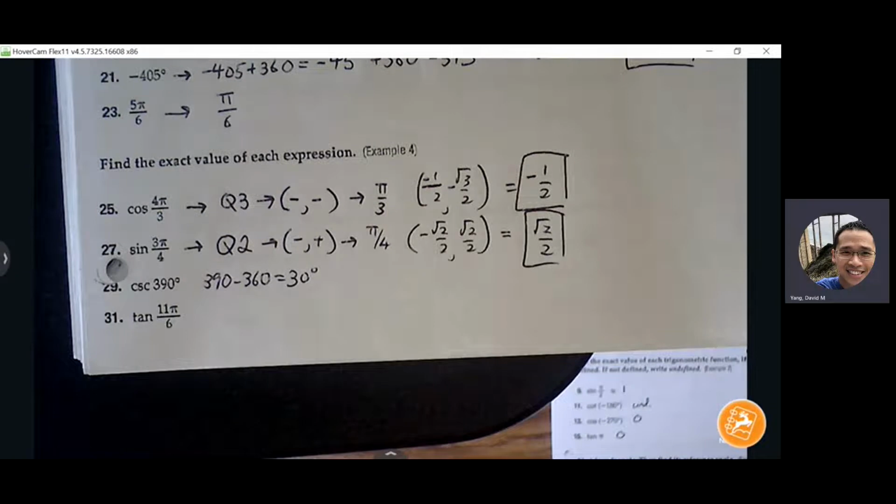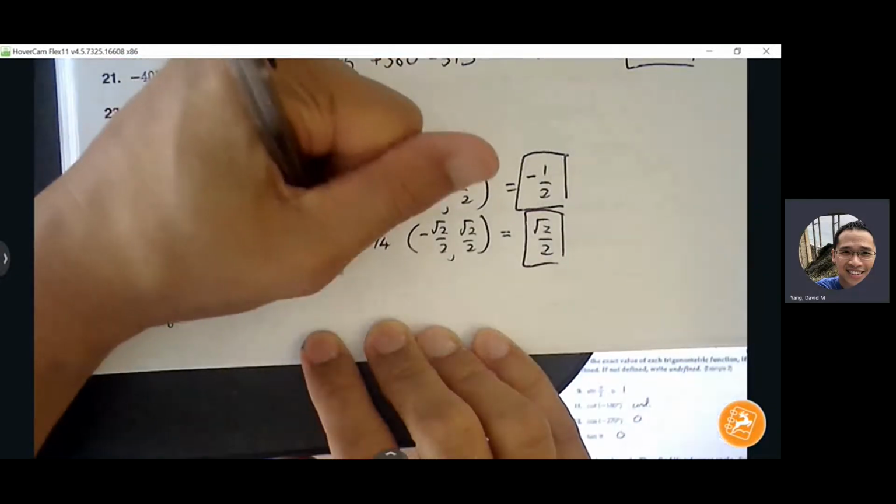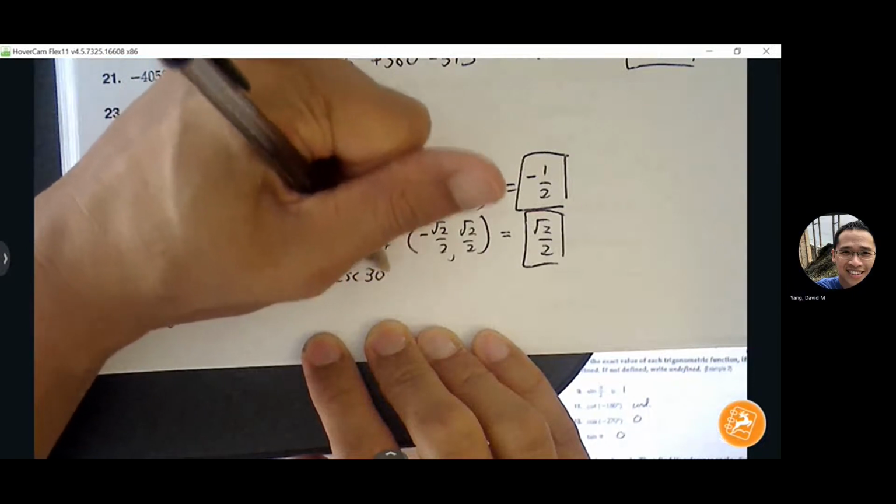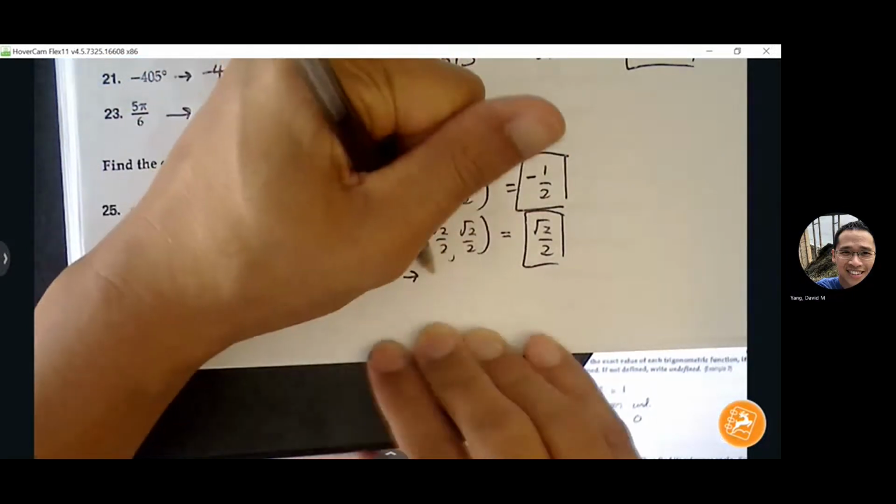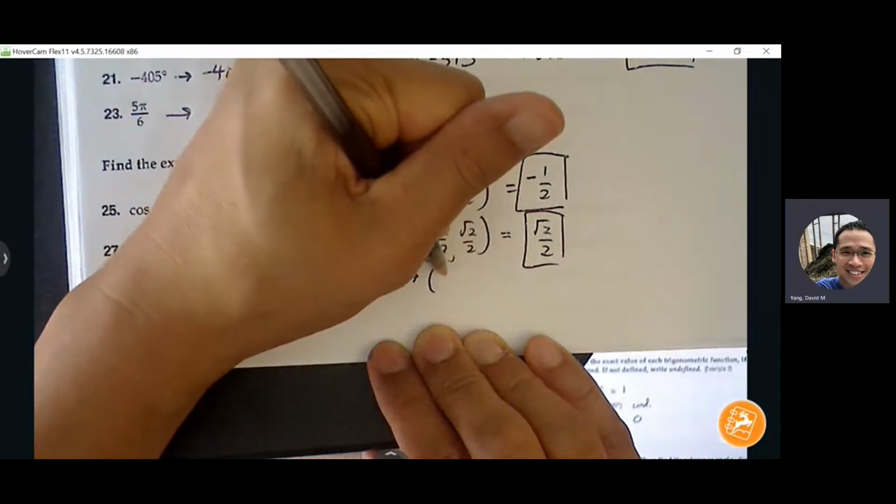I needed to get to a coterminal angle that I can recognize, so it's just 30 degrees. Quadrant 1 is positive.